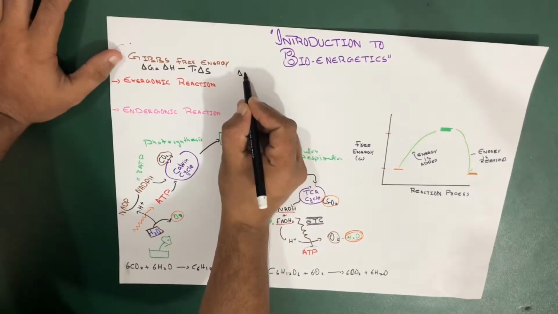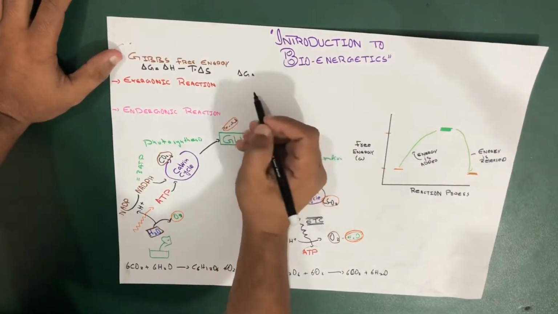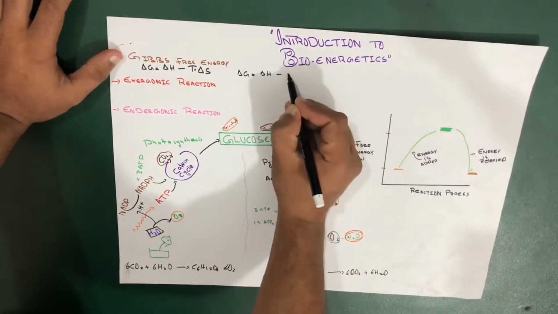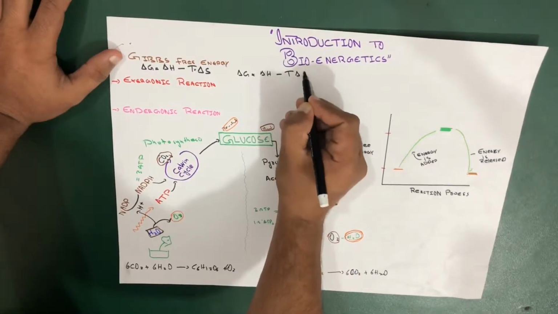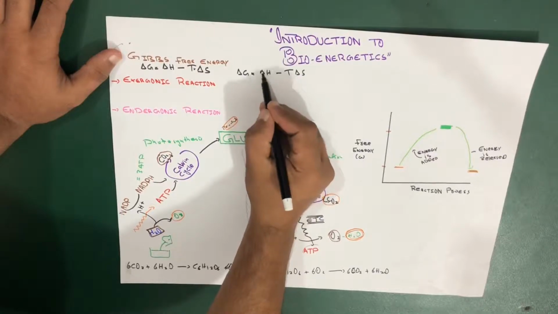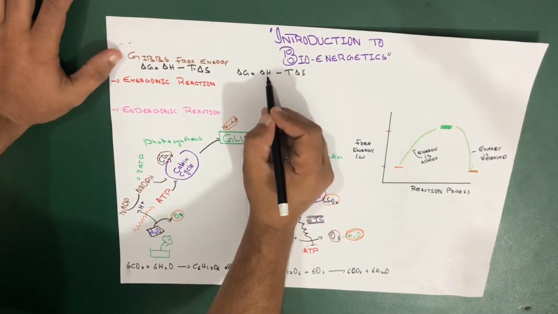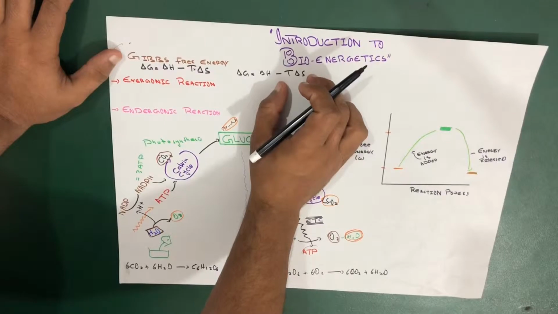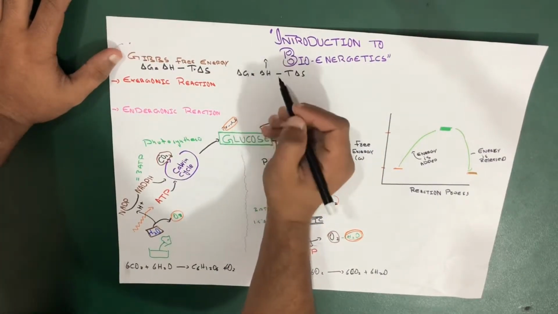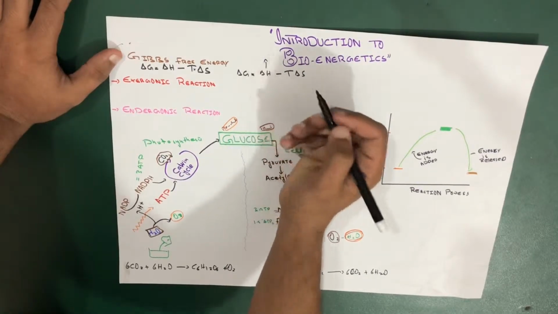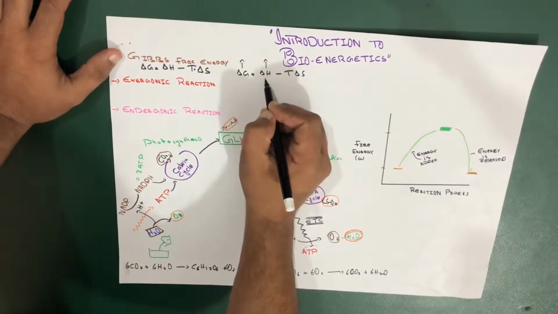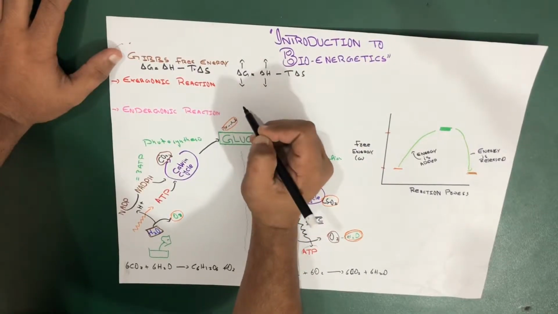The Gibbs free energy is equal to delta H minus T delta S. Consider if we increase the value of delta H, keeping the other term constant. If we increase the delta H, which is the enthalpy, we increase the delta G. But if we decrease the delta H, we decrease the delta G.